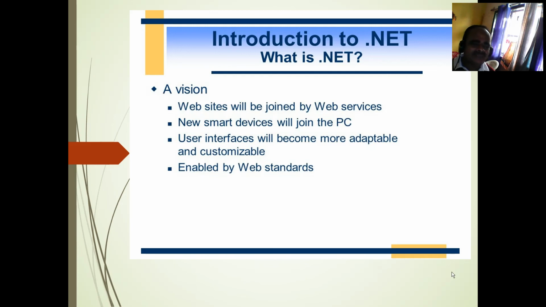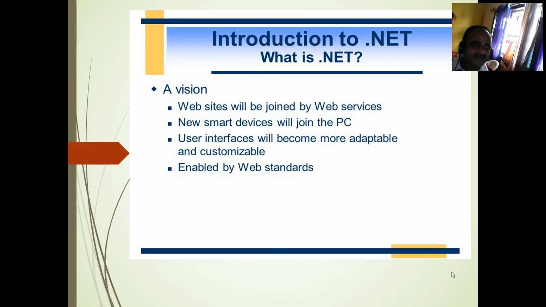Any devices can join the PC now. By this, any device we can join, and develop a user interface which is more adaptable for the customer. It is called customizable adaptability. Customizable adaptability means our website should be easy for the user.